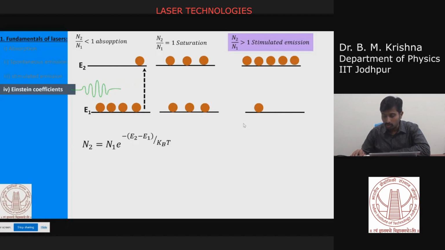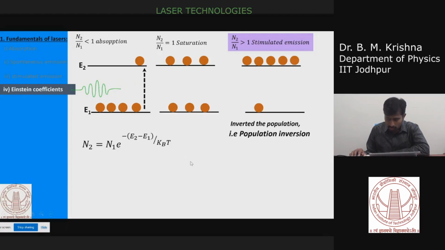That means your excited state is fully populated and your ground state has less population. That means it is not conventional. So this is called inverted population. Okay, so that means it's a population inversion. To make your lasing, you require a population inversion. Then you can see the lasing action.